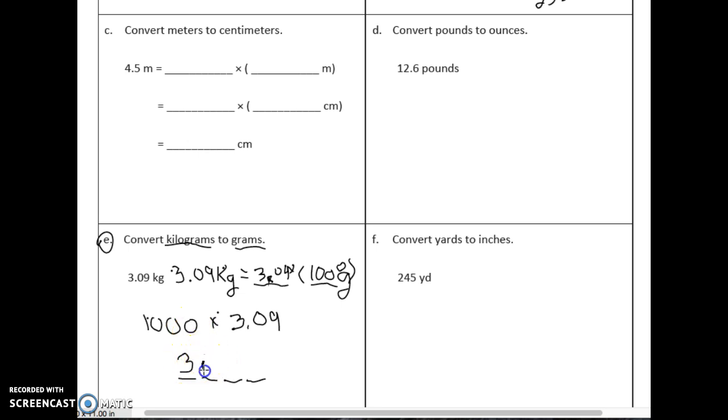The others are just along for the ride. So to the right of the 3 happens to be a 0. To the right of that is a 9. And then in order to make sure that that stays the thousands place, we have to put another 0 here. So we can say then that it's equal to that many grams.